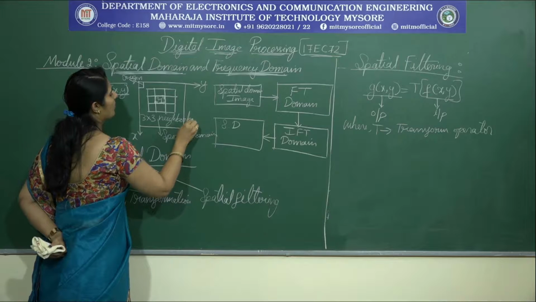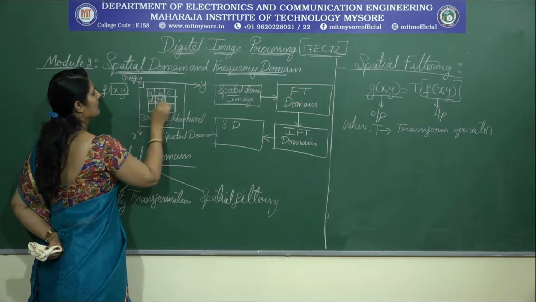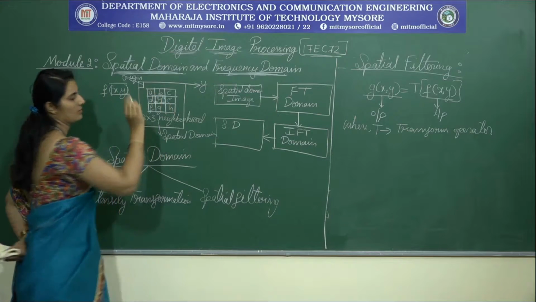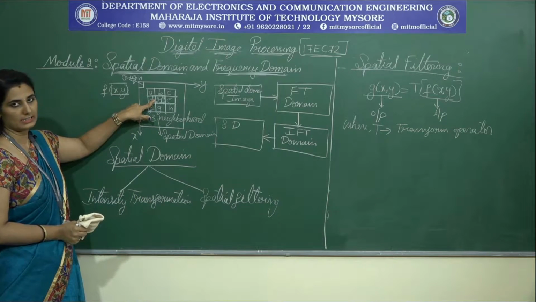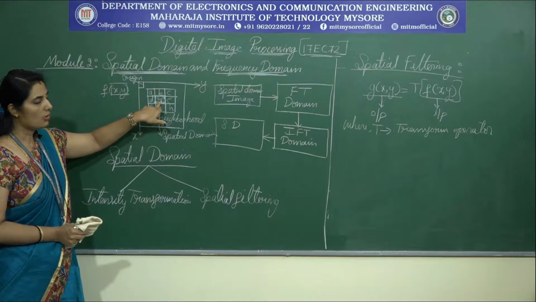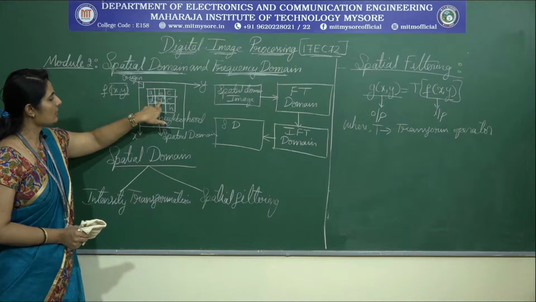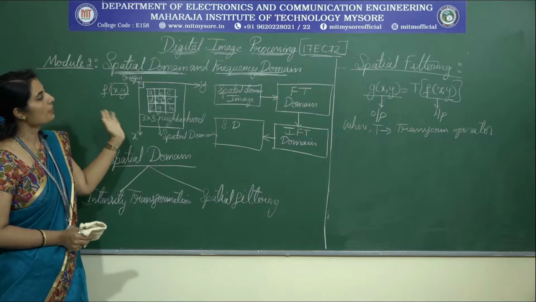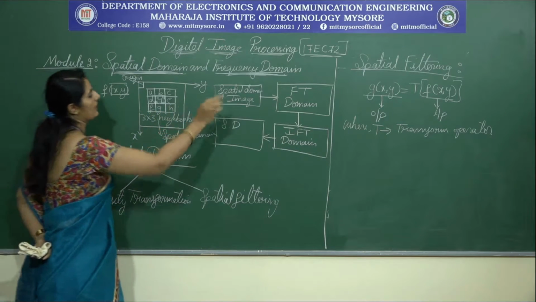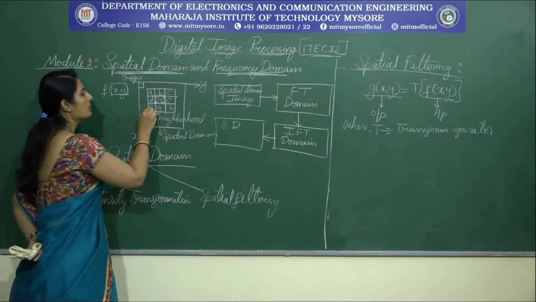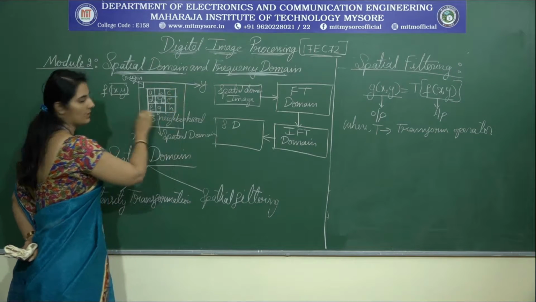The neighbors of this pixel are A, B, C, D, E, F, G, H. Now in spatial filtering, if the intensity value of R is the intensity level of the input image, then after performing the spatial filtering operation, the output g of x comma y is obtained by performing the operation on this entire neighborhood of the image.